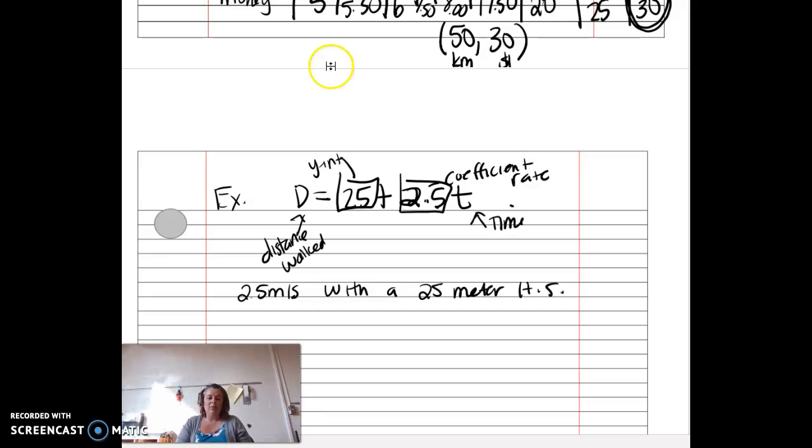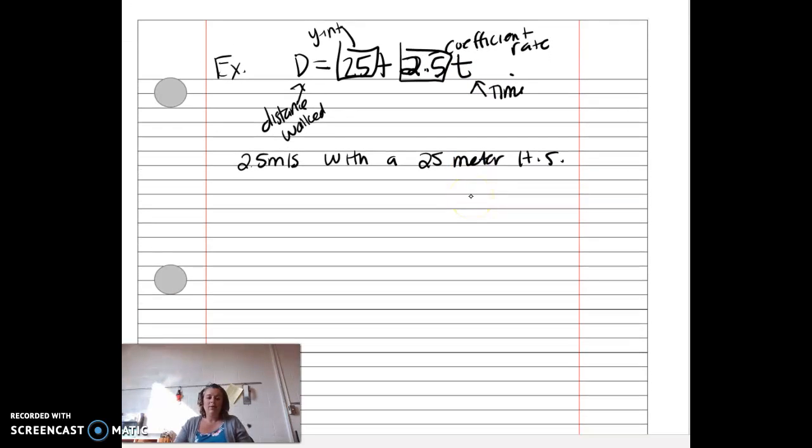So if I give us an equation and I say, well, what's it asking us? So for example, D equals 25 plus 2.5 T. Oh, nope, instead of T, we'll do 7.